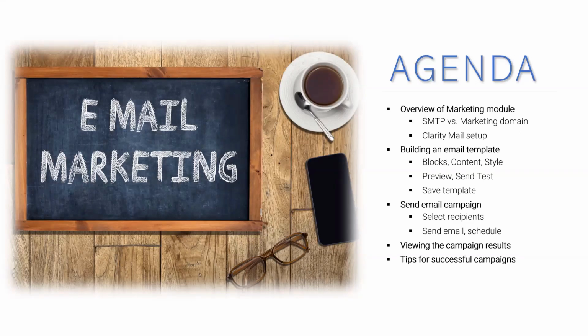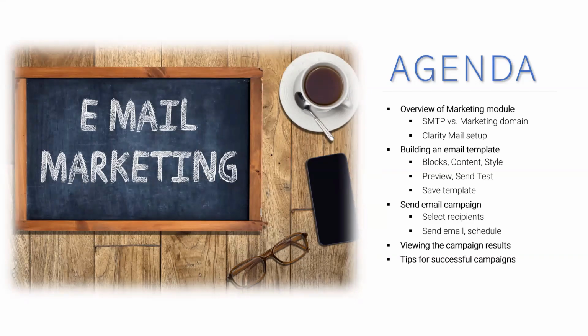And so what you need to do is sign up with someone who has the licensing to be able to send out larger batches of email. So there are things like MailChimp, Constant Contact, which many people use. We have set this up for our users with ClaritySoft so that you can email directly from within ClaritySoft out through our marketing domain, okay?